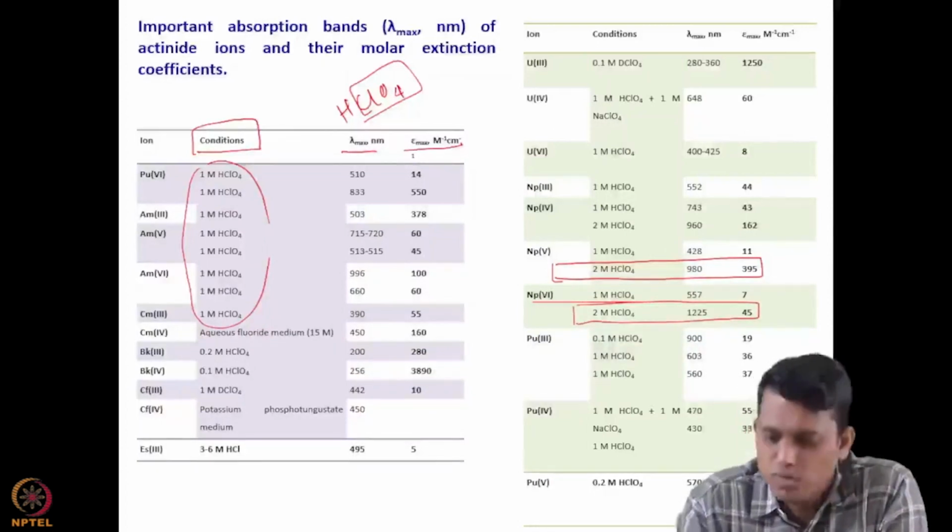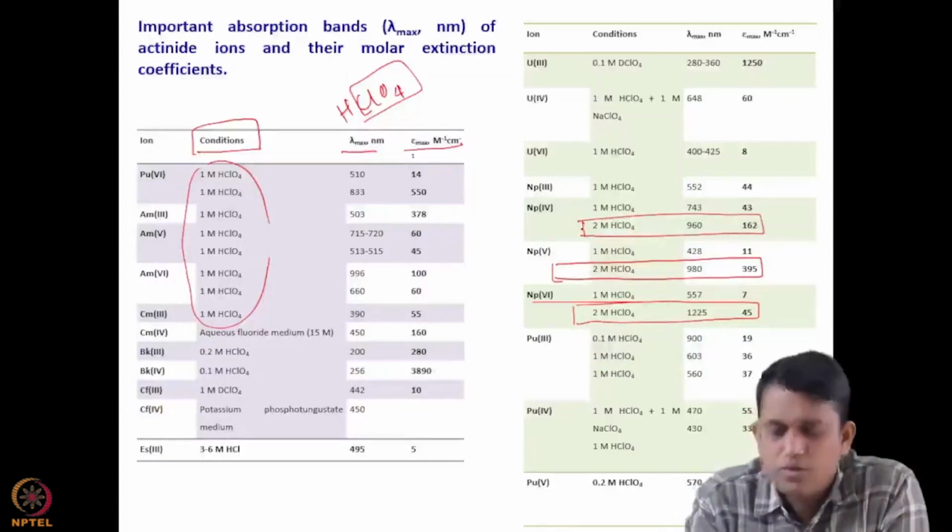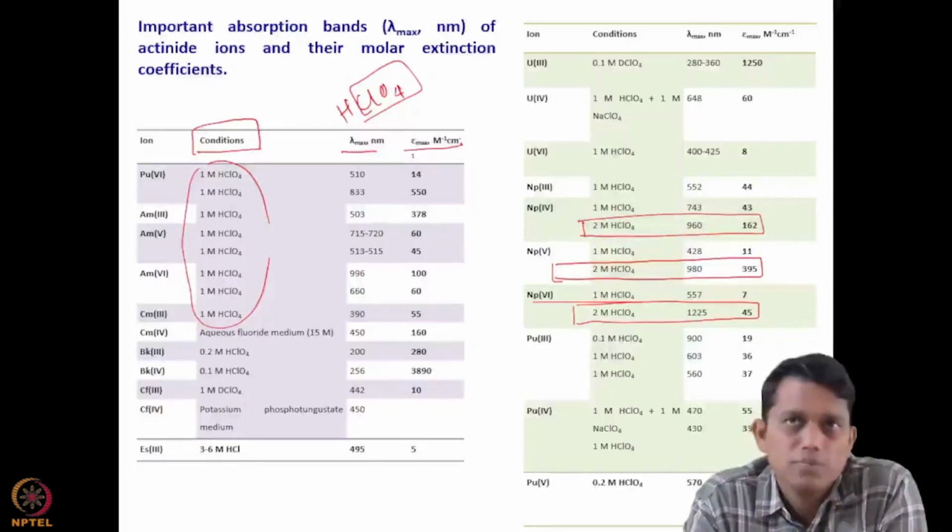Neptunium 4 has a peak at around 960. So just by recording the spectra, from the table you can get information about the different lambda max and their epsilon max, and that is useful when you are trying to identify a given species in a medium.